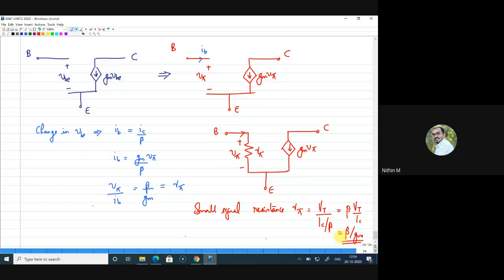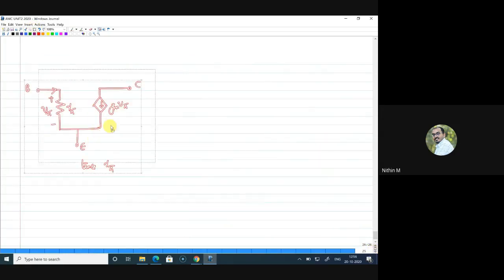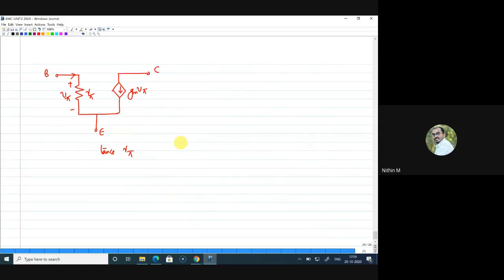Both are the same, right? So whatever you are seeing here is the small signal model of BJT, or I can say the ideal small signal model of BJT.